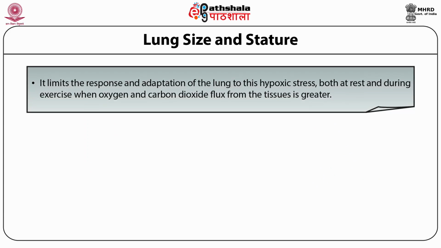It limits the response and adaptation of the lungs to this hypoxic stress, both at rest and during exercise. When oxygen and carbon dioxide flux from the tissues is greater, the ventilation is described in terms of hypoxic stimulus that causes an increase in breathing and the metabolic load on the respiratory muscles.